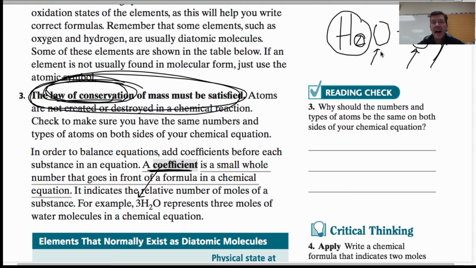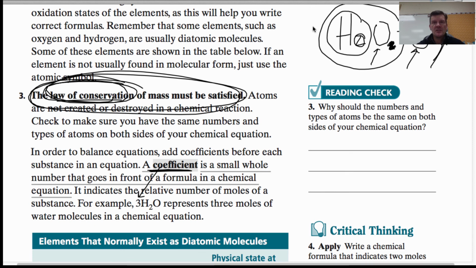And, listen carefully, to fix it, you cannot put a 2 right here for oxygen. This now is a completely different compound. That's not H2O anymore. You just made hydrogen peroxide. H2O has to stay H2O. You cannot change the formula. What we do is we put coefficients in front to change how many of those molecules are reacting.